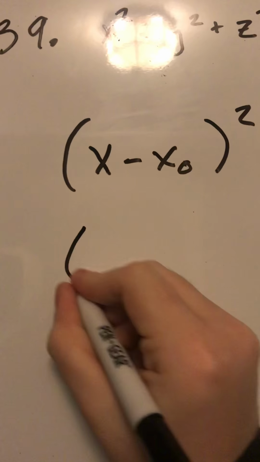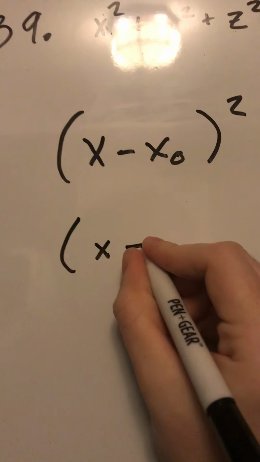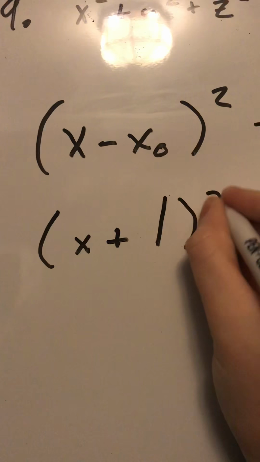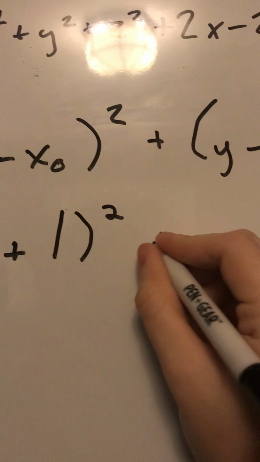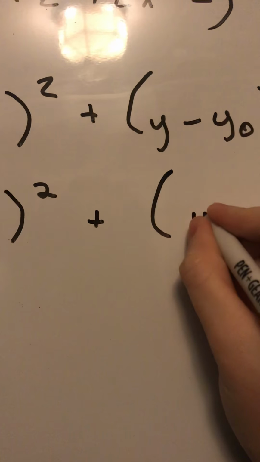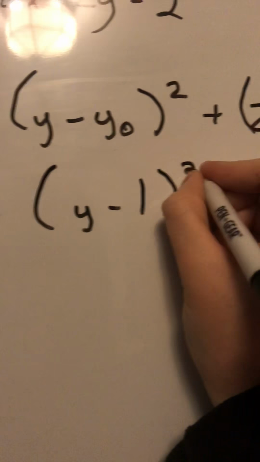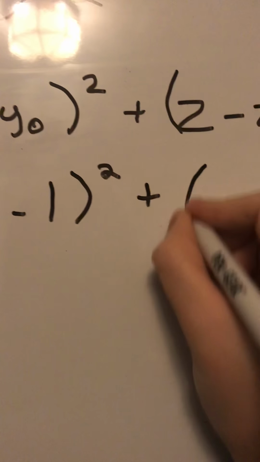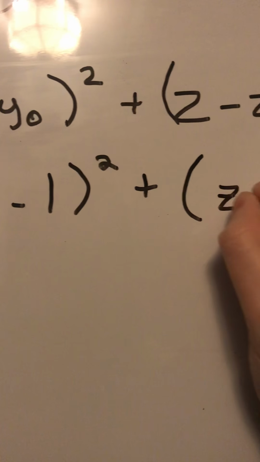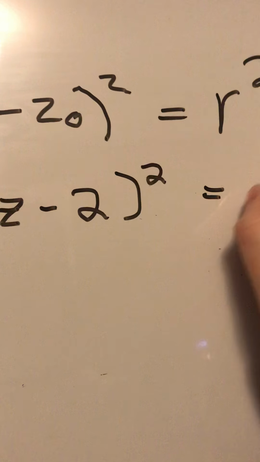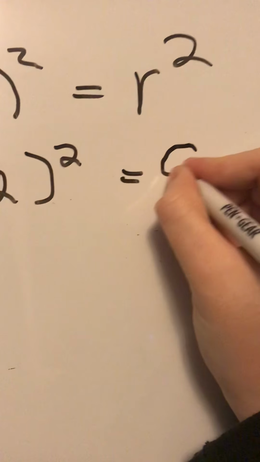So we have x minus -1, so we have (x plus 1) squared plus (y minus 1) squared plus (z minus 2) squared equals our radius squared, and 3 squared is 9.